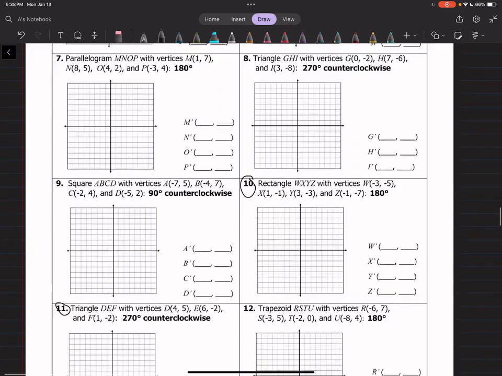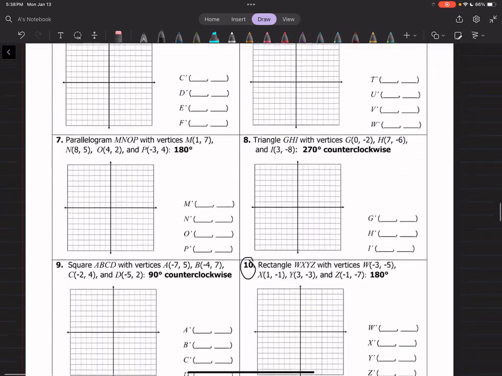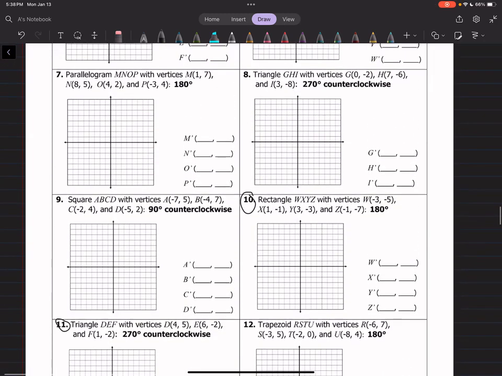I'm going to work these. The remaining problems will be your assignment for the day. I want you to practice them. I will post the answer key at the very end.